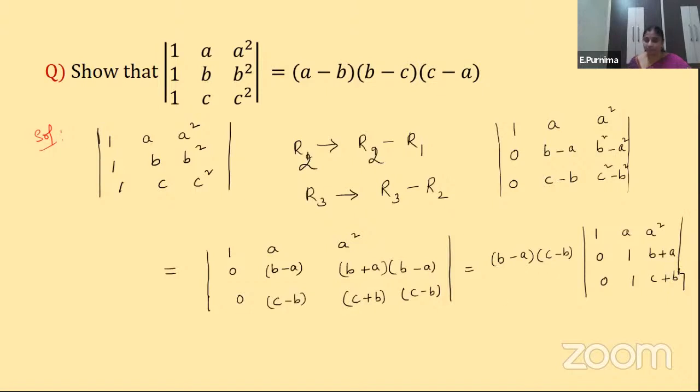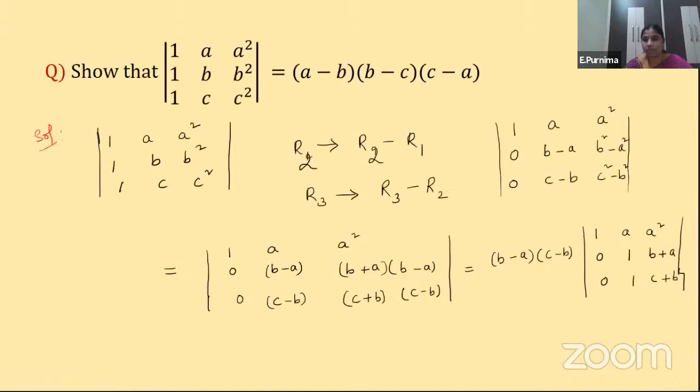Now our determinant has changed. Make it as a straight line. Now, B minus A into C minus B into the determinant with 1, A square, 0; 1, B plus A, 0; 1, 0, C plus B. This was the determinant we have.